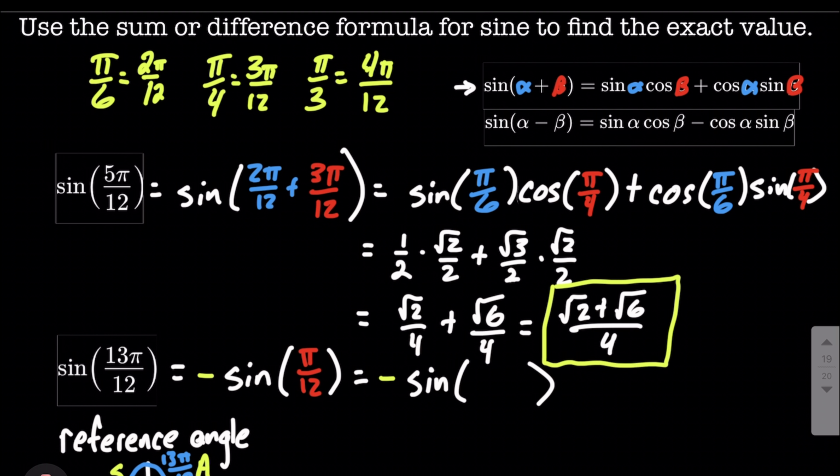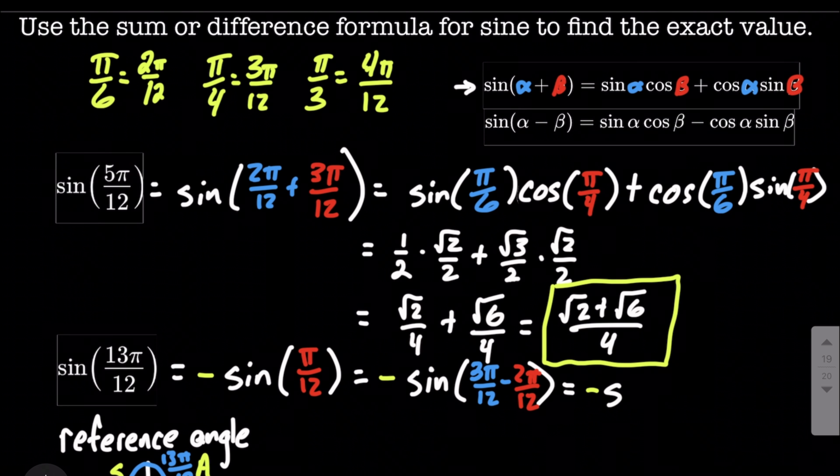I'm going to go with 3 pi over 12, and again, I'm color coding these, minus 2 pi over 12. Or equivalently, this is going to be negative of sine of, and instead of 3 pi over 12, we can think of that as pi over 4 minus 2 pi over 12, which is pi over 6.